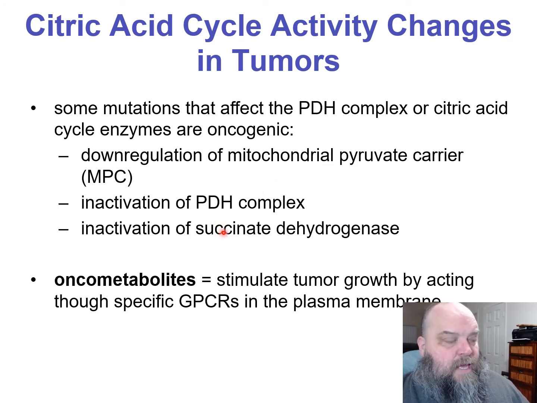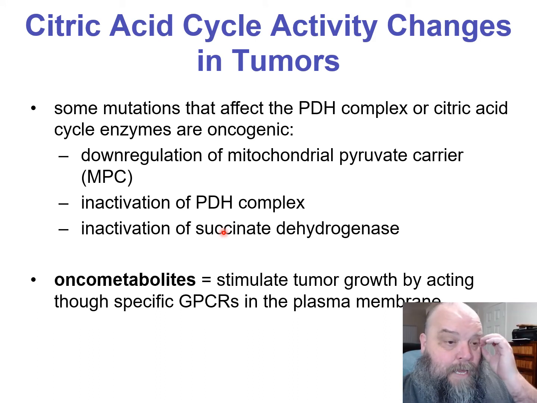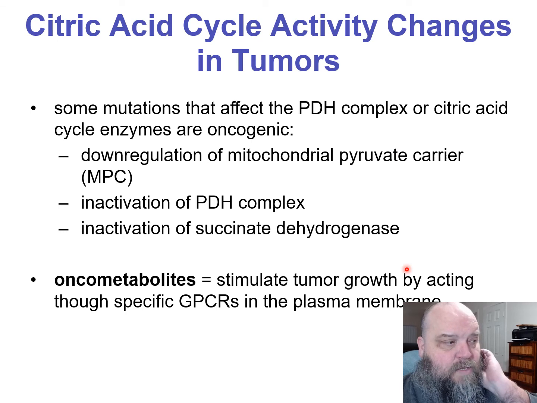We see that there is a change in cellular metabolism. All we've talked about so far in this chapter has been in the textbook near perfect cells. Here's how things work, here's the levels and the interplay of keeping things balanced. But when it comes to cancer, when it comes to tumors, a lot of this goes out the window.